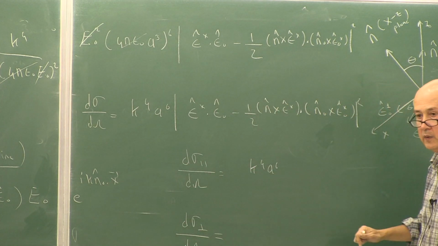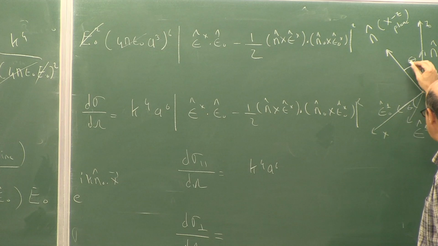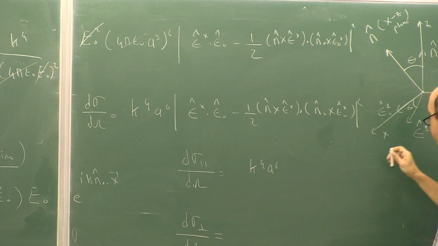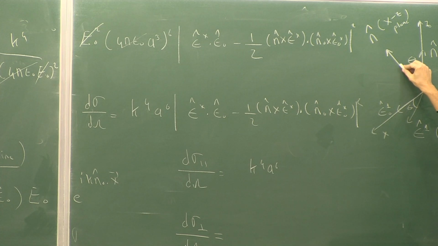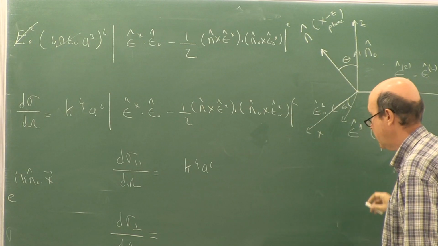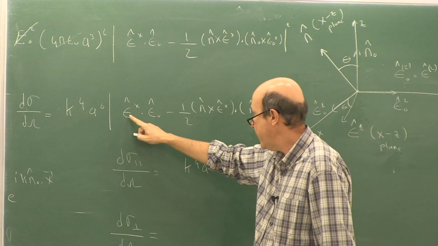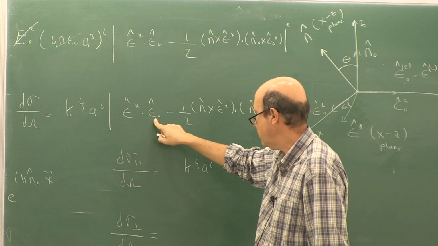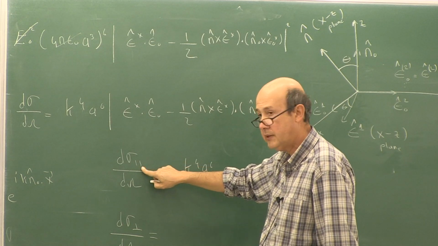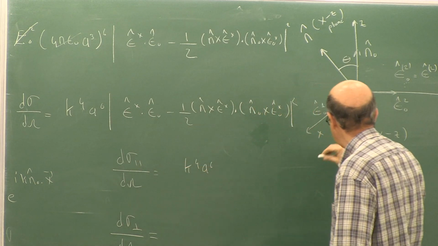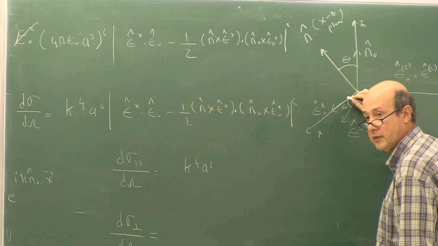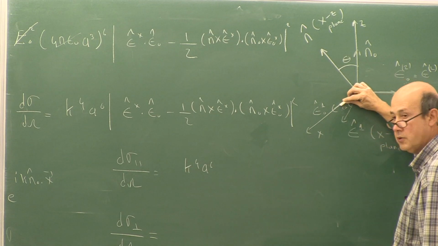So for the parallel one, take the geometry again, it is the same. You have the incident wave and scattering wave lies on the xz plane. And if you are looking at the epsilon dot epsilon 0 parallel to the scattering surface, what will be your result? This is epsilon 0.